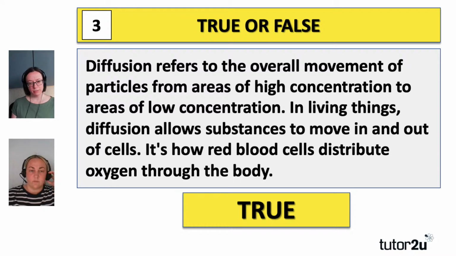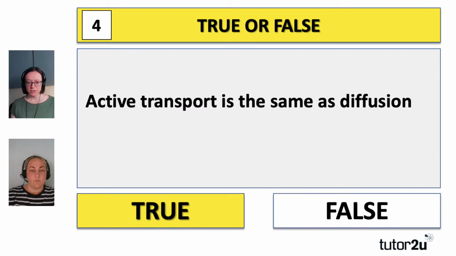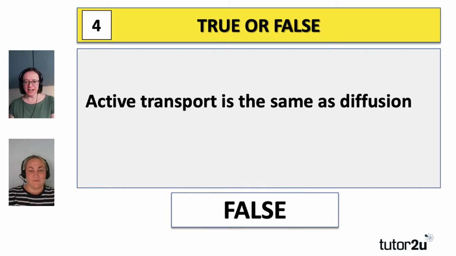Remember, at the end of the live stream, I will put the PowerPoint on the Tutor2You website, so you can download it, go through this, and make sure that you understand all these concepts, okay? So maybe this one's a bit easier. Is active transport the same as diffusion? Charlotte's saying no. Yeah, active transport is not the same as diffusion.